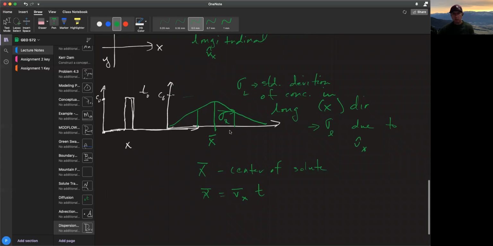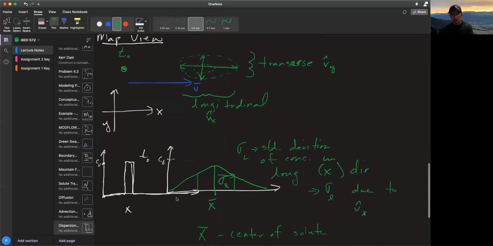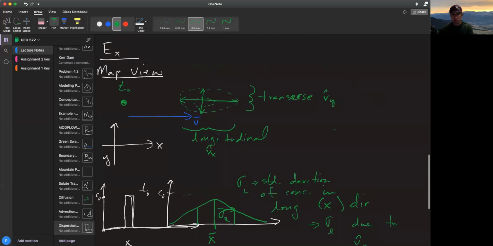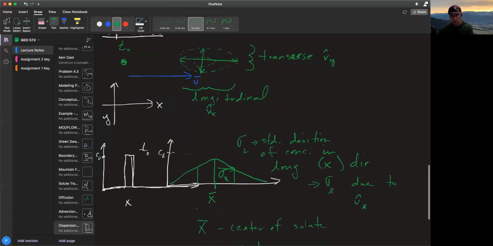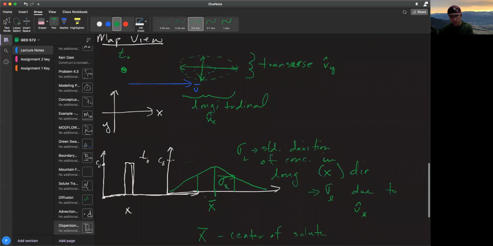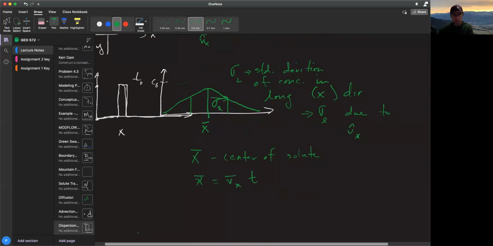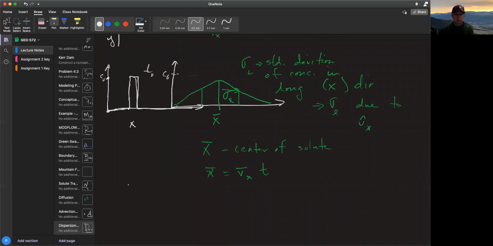All right, and so similarly, we might have a distribution in y. We might draw our concentration profile in y. All right, and we would see a different amount of spreading. So, for example, in y, so here's C naught, here's y, and at time equals 0, our pulse, our little dot of concentration in y, looks just the same.